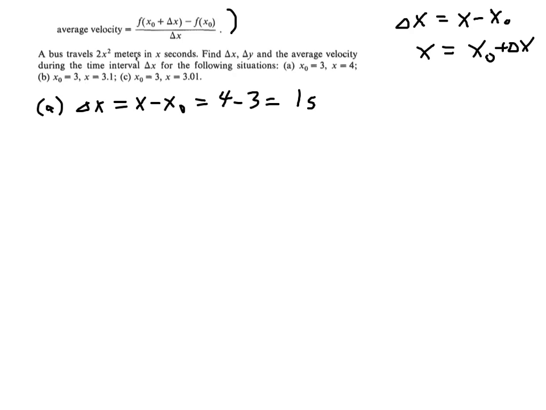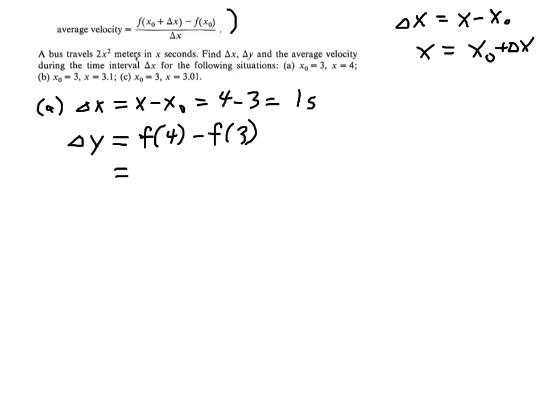Now to find the amount of distance traveled, delta y, we need to find its position at time x, or time 4, and subtract its position at time 3.